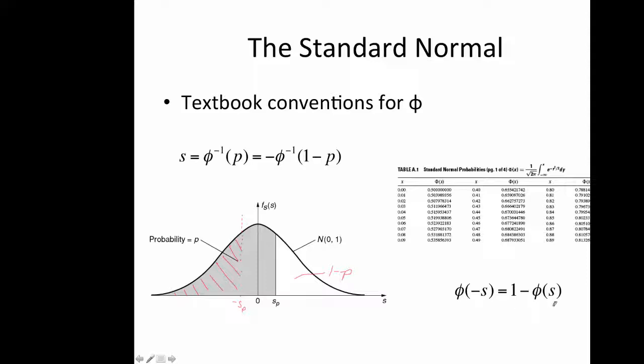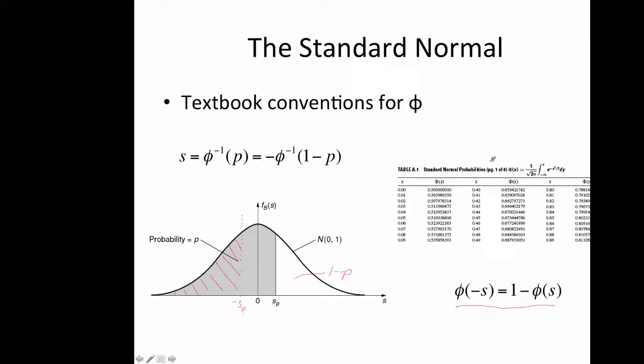We use this relation because your textbook tabulates the standard normal probabilities for positive values only. In the back of your textbook, table A.1 lists the standard normal probabilities of, unfortunately they use x, and they should be using S for all of these because this is really the standard normal variate.